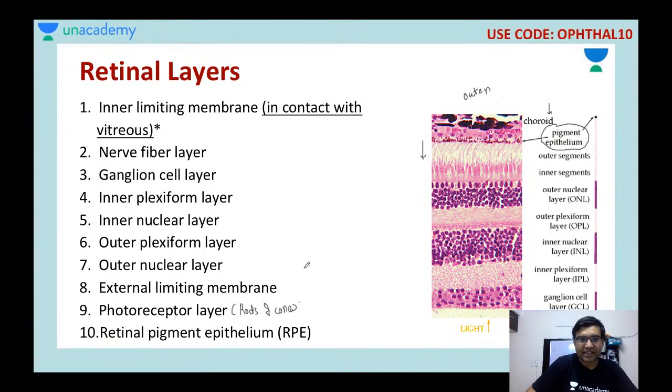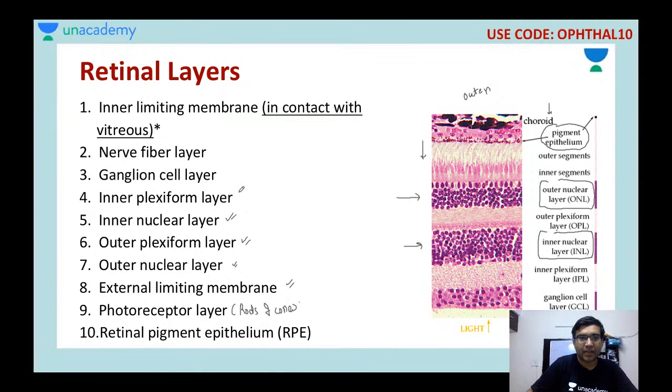Then we have the external limiting membrane, outer nuclear layer, outer plexiform layer, inner nuclear layer. Now if you can see these two layers, the pycnotic nuclei you can appreciate here. The one which is towards your RPE, I call it outer nuclear layer, and the one towards the ILM, they are called the inner nuclear layer.